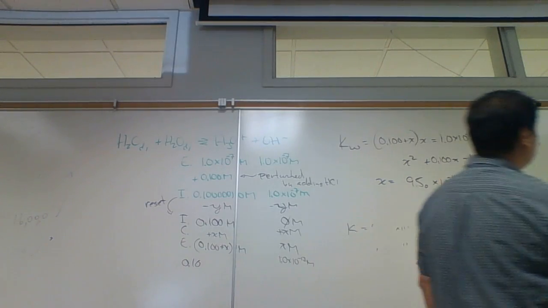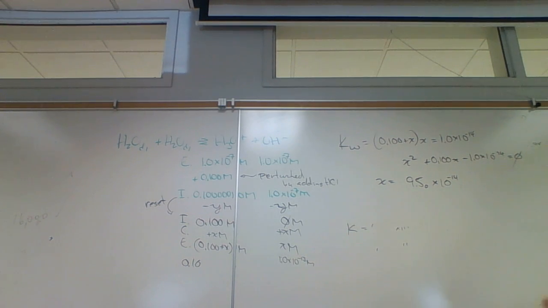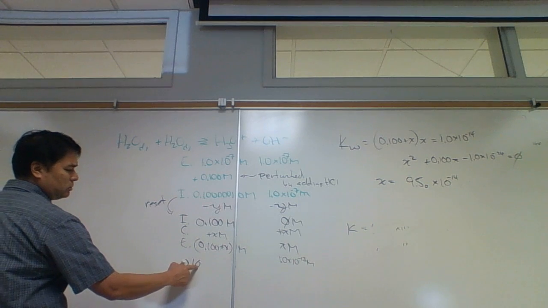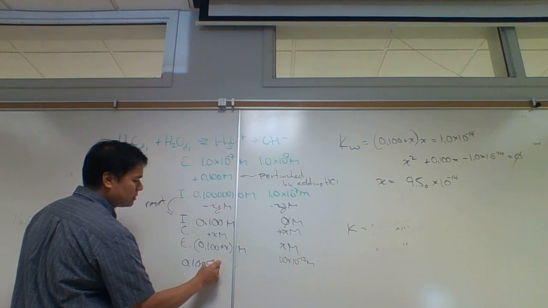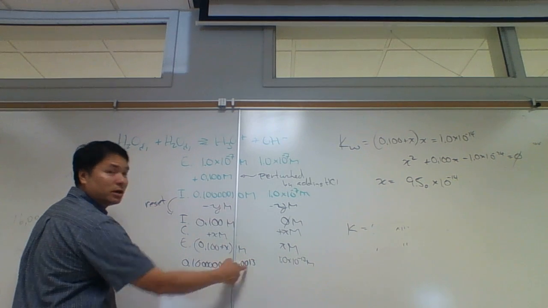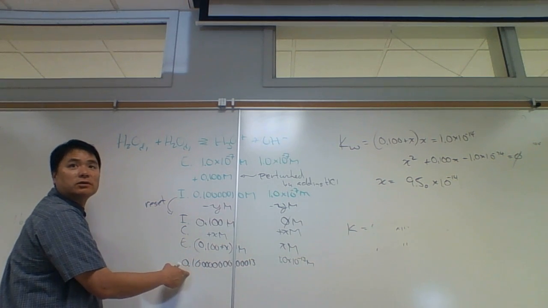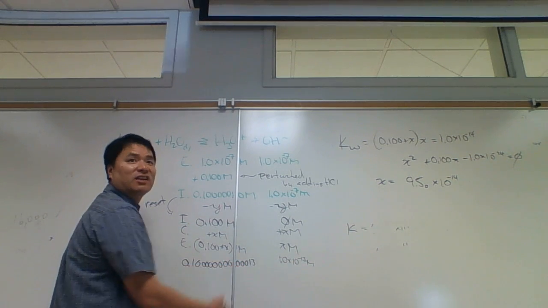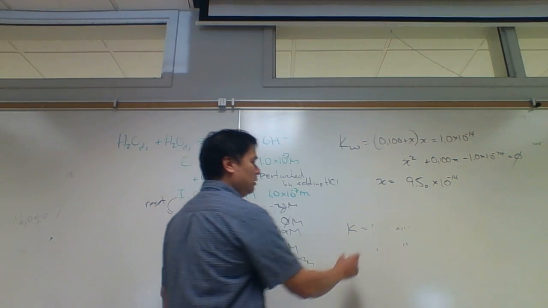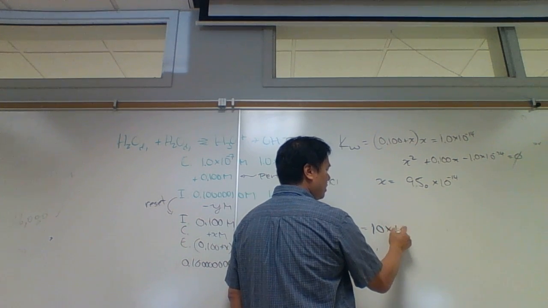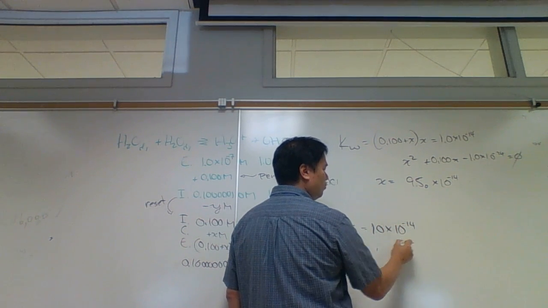So I need 12 digits. 1, 2, 3, 4, 5, 6, 7, 8, 9, 10, 11, 12. Your calculator is not going to take this, right? And it's just going to round it to 0.1. So you might as well just do 0.1 times 1 times 10 to the negative 13. And that gives us 1.0 times 10 to the negative 14.